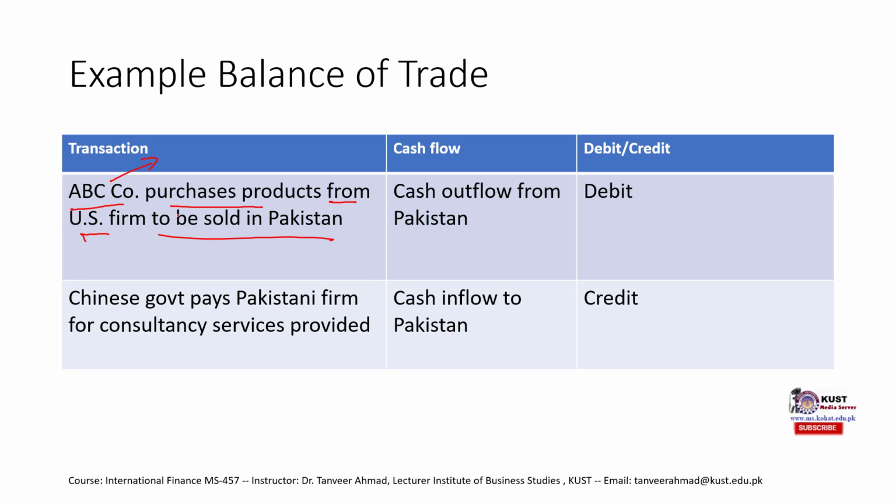So this is a Pakistani firm that purchases products from a US corporation, and these products would be sold in Pakistan. What is happening is a cash outflow from Pakistan, because this ABC corporation is importing products, right? So import would be a cash outflow from Pakistan, and it would be a debit in the balance of trade or balance of payments.